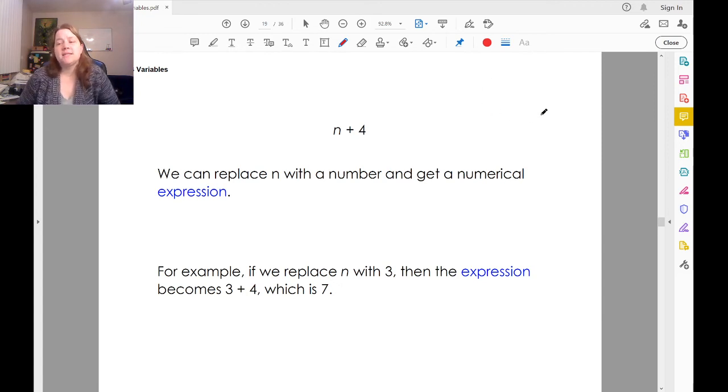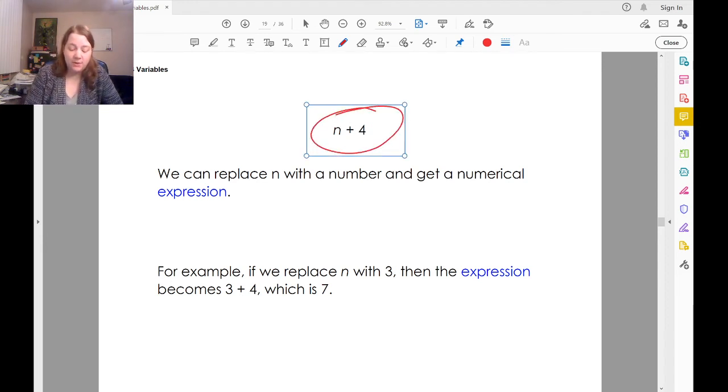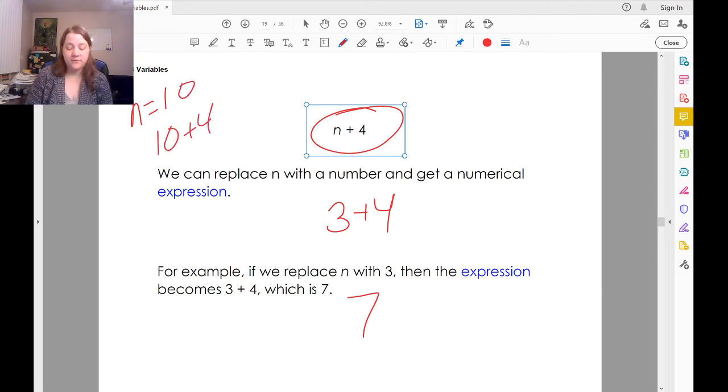So we can replace n with a number to get a numerical expression. For example, if we replace n with 3, instead of n plus 4, we get 3 plus 4. 3 plus 4 is the same thing as 7. I could also say, well, what if n is 10? If n equals 10, then this becomes 10 plus 4, because we're taking the letter n out and putting in another number.